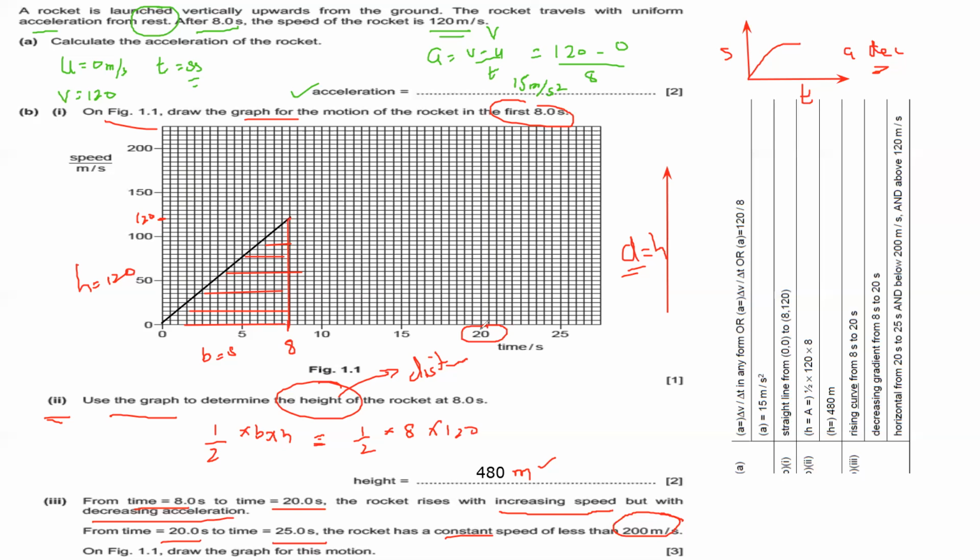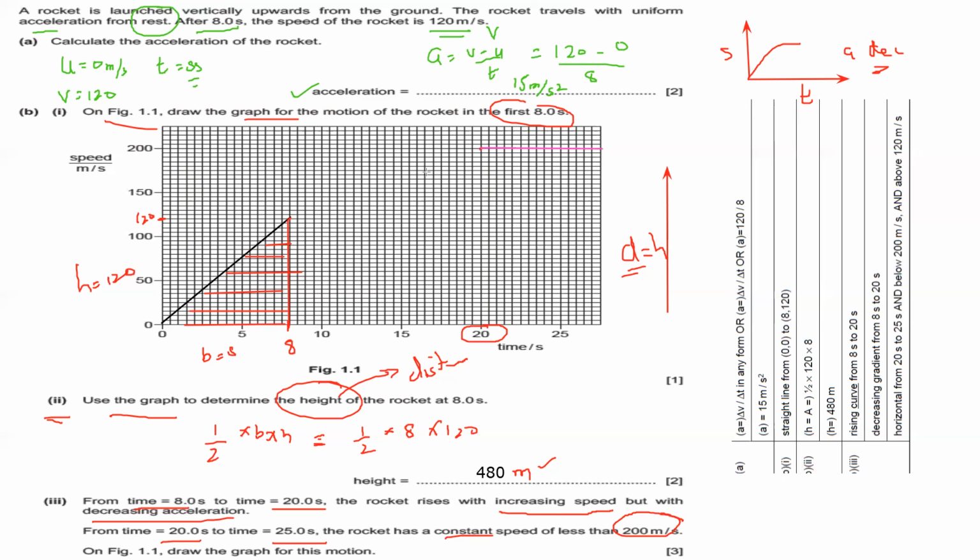So at 20 second, it should have a speed of 200 meter per second, and then it will continue to move with a constant speed. Constant speed means it will be a straight line.